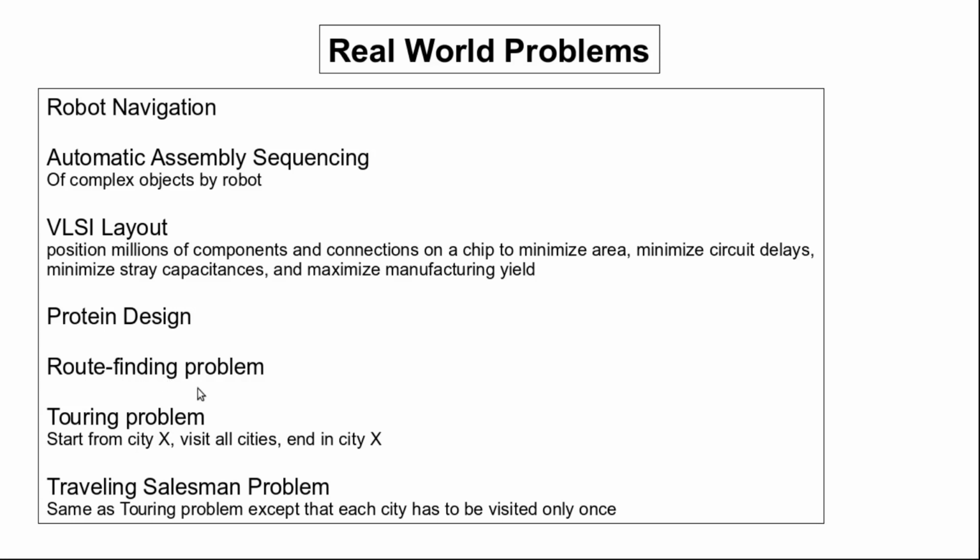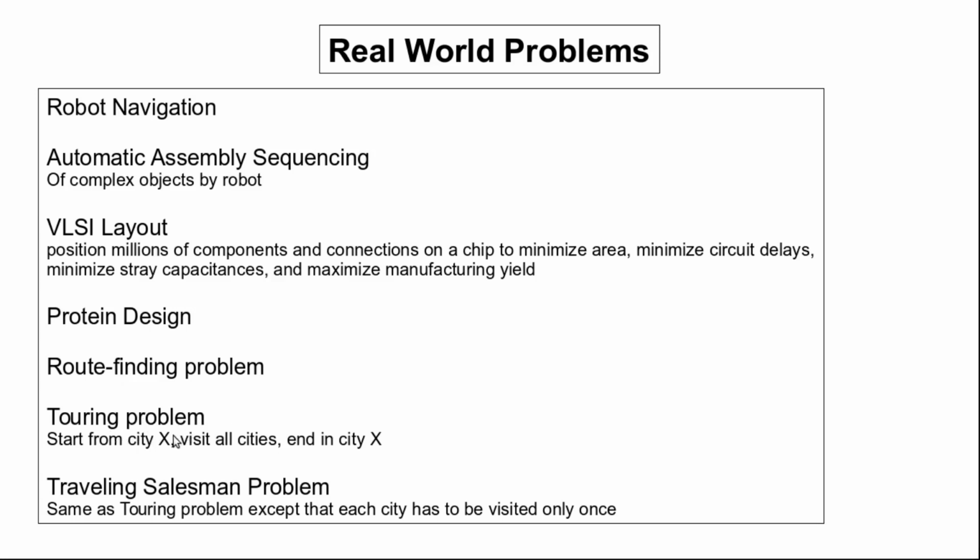Route finding: we already saw an example of finding a route in a given map, but not only finding the route in a given map, even for travel by airline, where you have to connect different legs of the journey, or even military planning, all those can be solved using search technique.